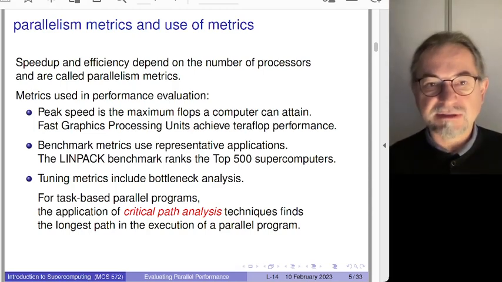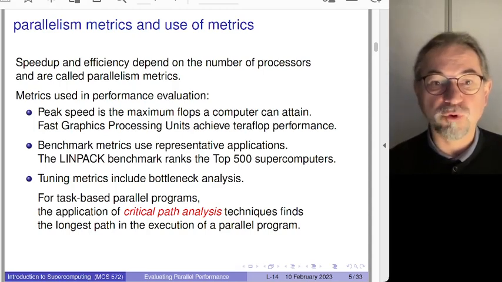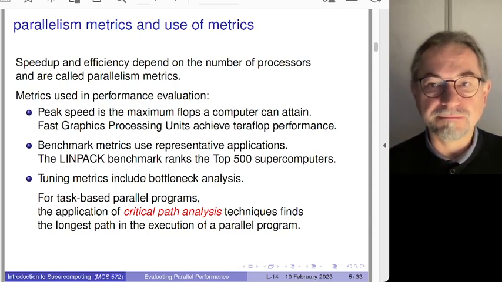We still have one more lecture on this, but we will go into graphics processing units. There we can theoretically achieve teraflop performance. Another way to measure the performance of computers is using benchmarks. So the Top 500 supercomputing list is using a Linpack benchmark.